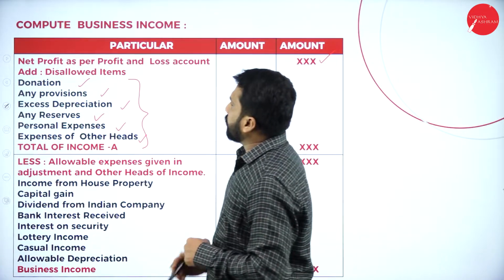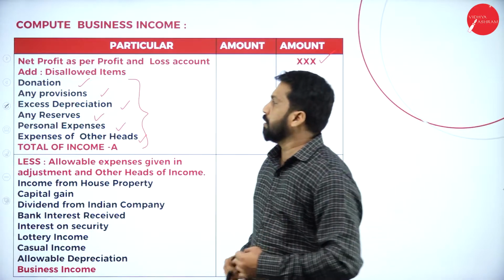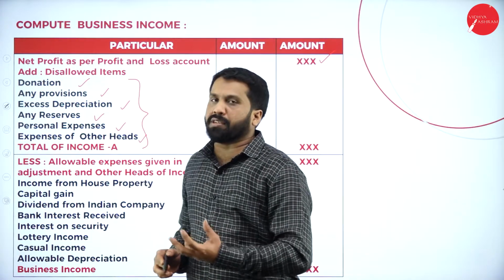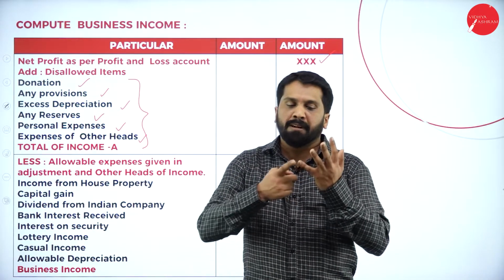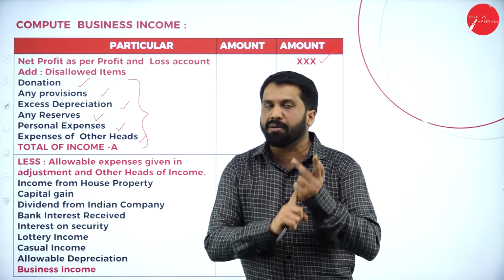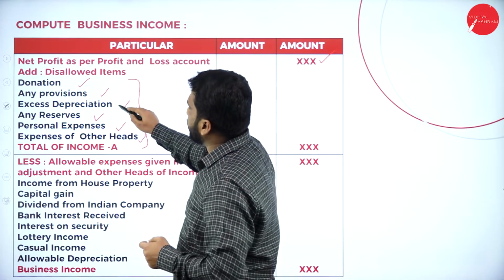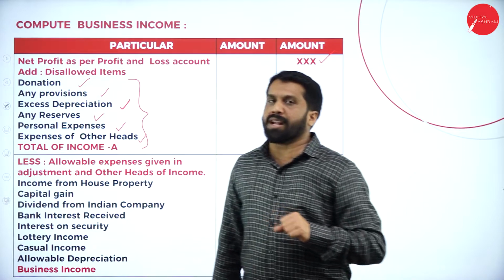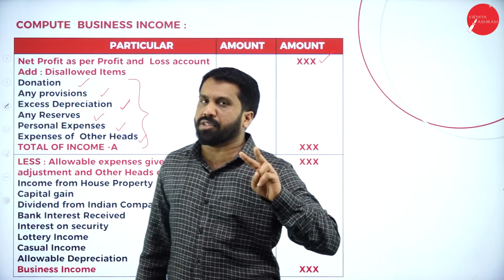Now, which are those? Like donation, normally it comes for what? Personal. Any provisions, remember, not related to business, and any reserve which are not related to business. Now, excess depreciation. Normally what happens when we do income tax, there are two types of depreciation.